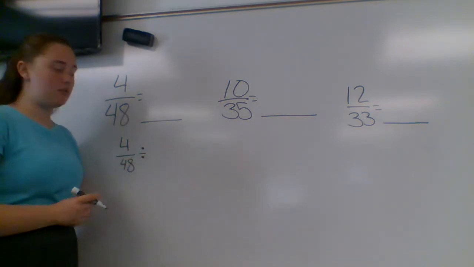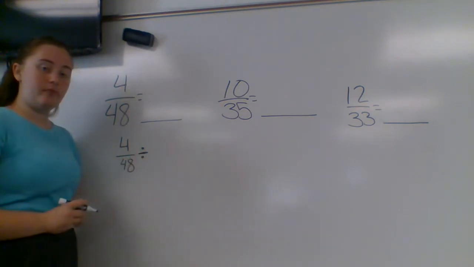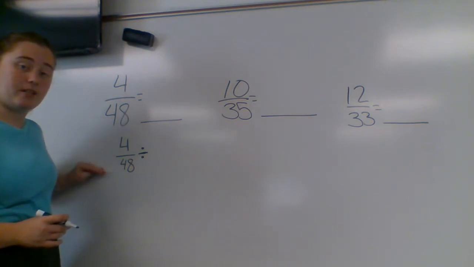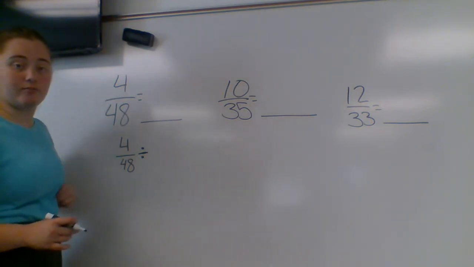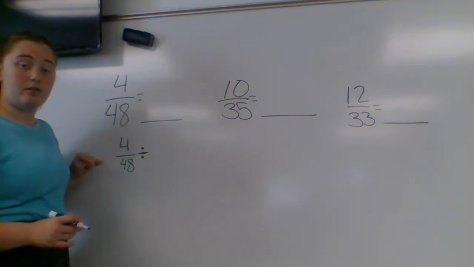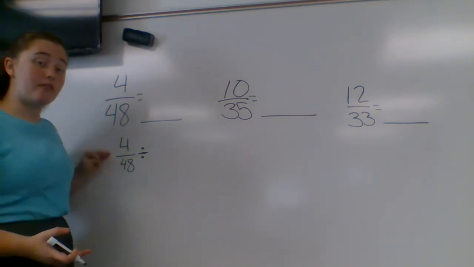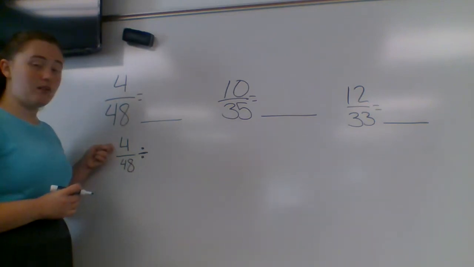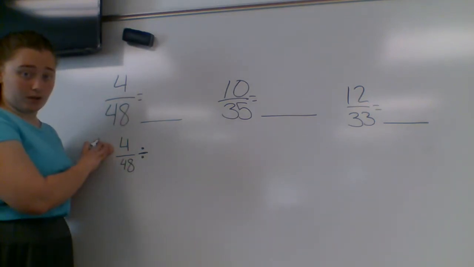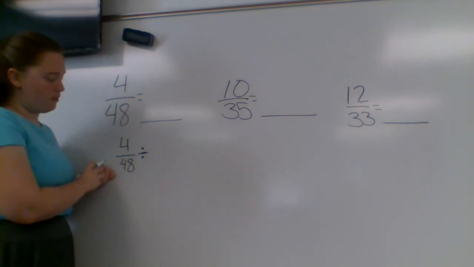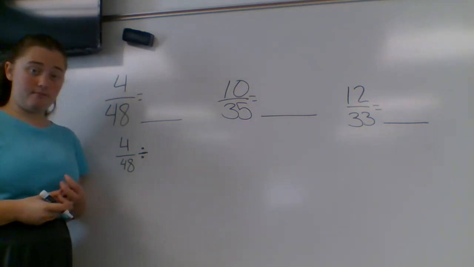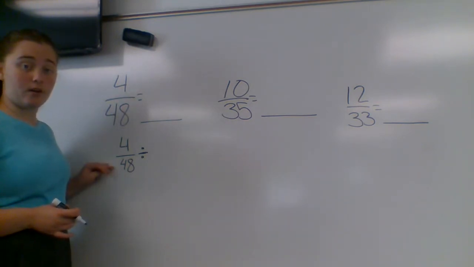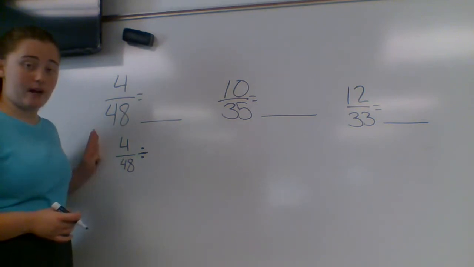What number are we going to divide by? Well, we have to figure out what number can be divided into 4 and 48. Same fraction. Well, 2 can be divided into 4 and 48 because both of these numbers are even. But we need the biggest number that will go into both. Well, 4 can go into 4. And will 4 go into 48? Right, 4 will go into 48. So we can use 4 for this fraction.